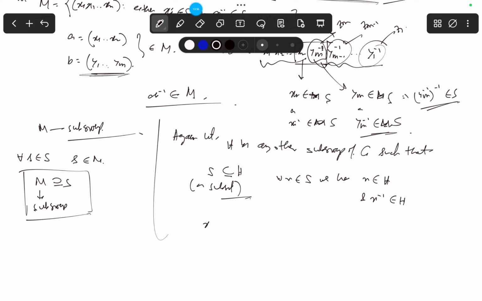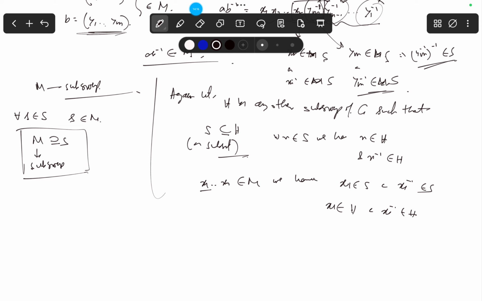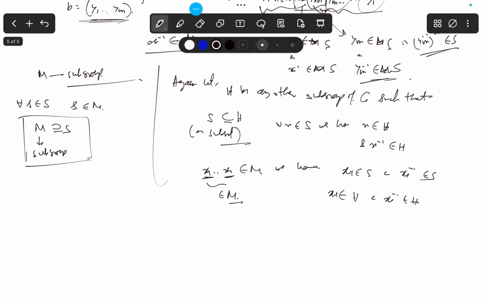So for any x1 up to xn belonging to M, either x1 is in S or x1 inverse is in S. So in any case, either x1 will be in H or x1 inverse will be in H. So each of the elements x1 up to xn will be there in H, right? Because if x1 is there, I'm fine. If x1 inverse is in H, I'll take the inverse of x1 inverse, that is x1 again, and thus for each xi I can follow the same procedure.